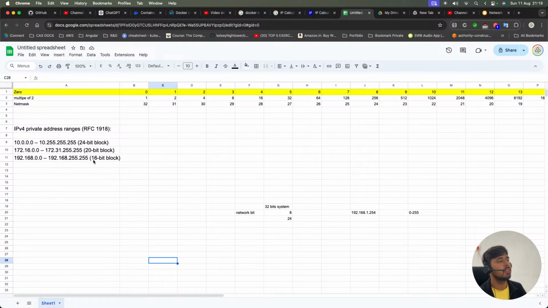Let's say here we have only a 16-bit block, that means we have 16 multiplied by 256, which is 4096. These many IPs we can have in this private subnet.